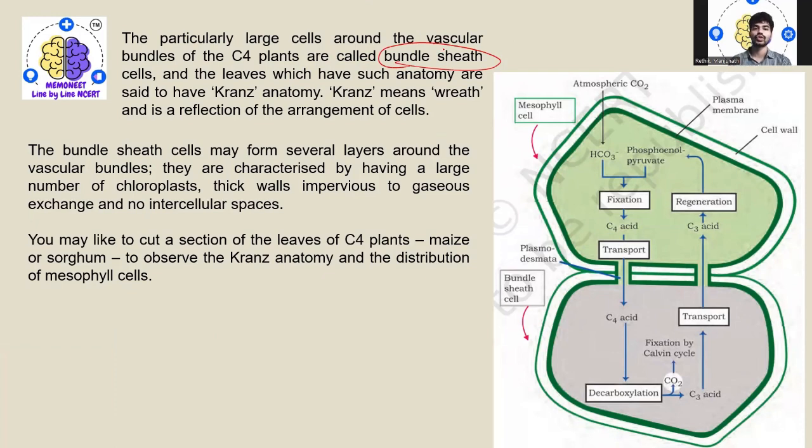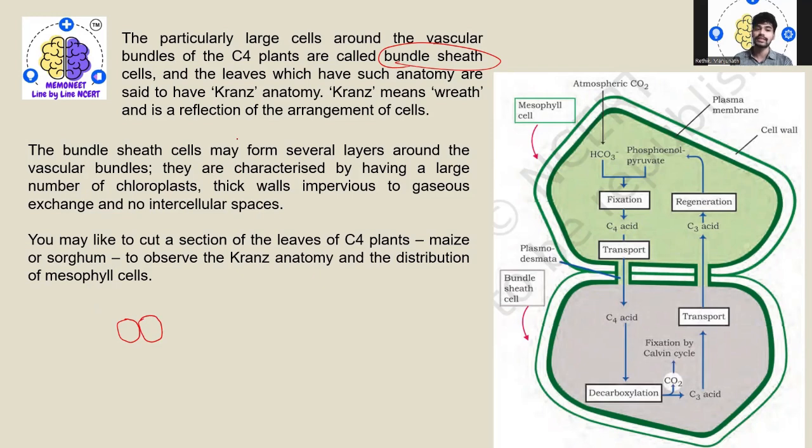The leaves which have such anatomy are said to have Kranz anatomy, which is a reflection of the arrangement of the cells. That means if this is one cell, exactly the other cell will be the reflection of the same cell, and they will be arranged in that manner itself.